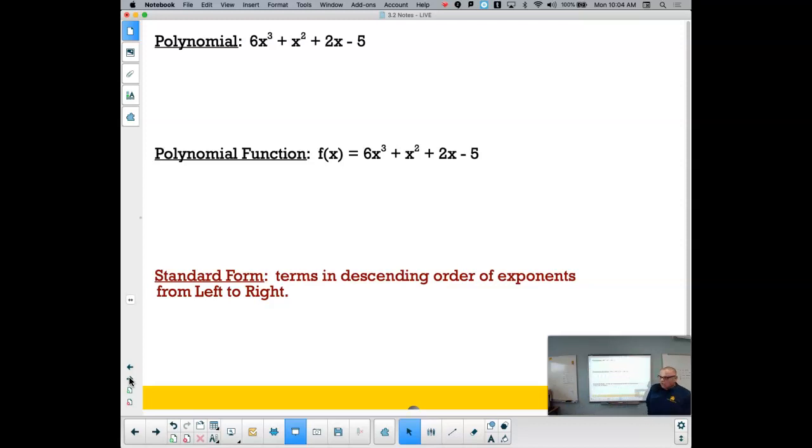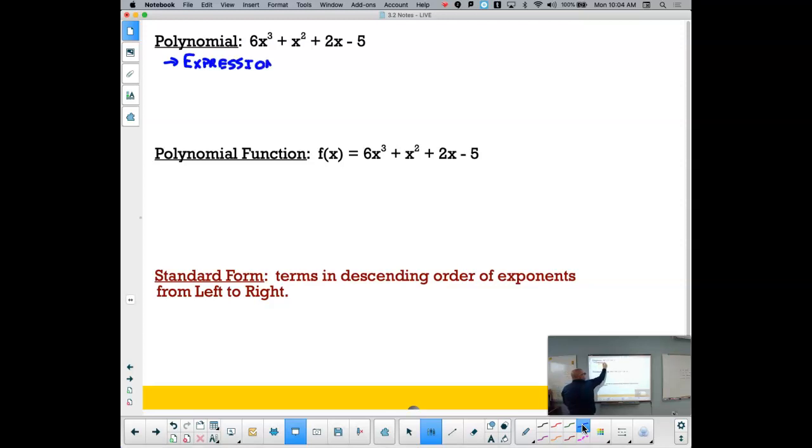A regular old polynomial is an expression. It's an expression, no equal sign.